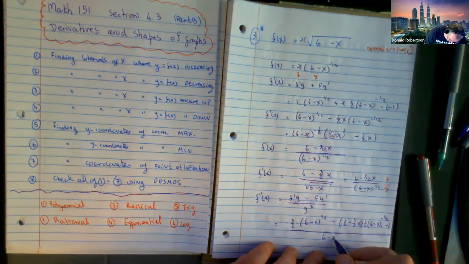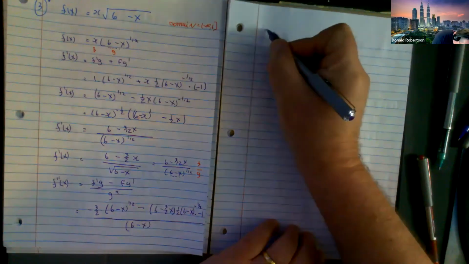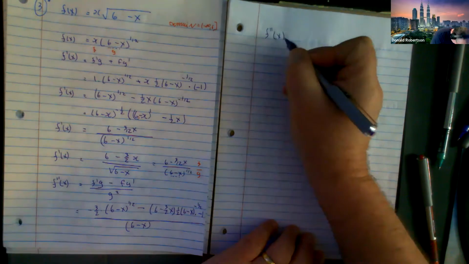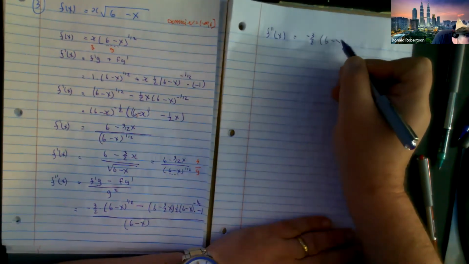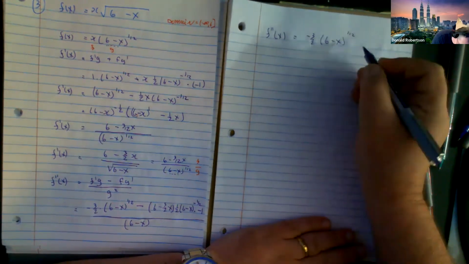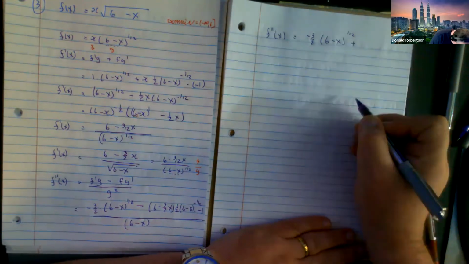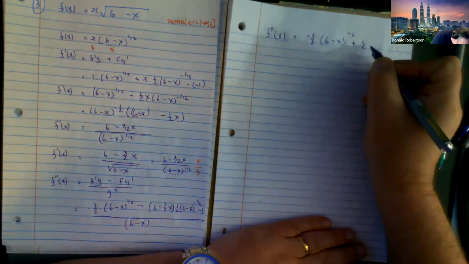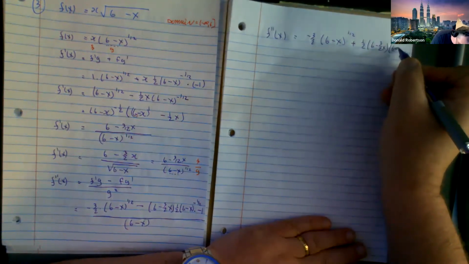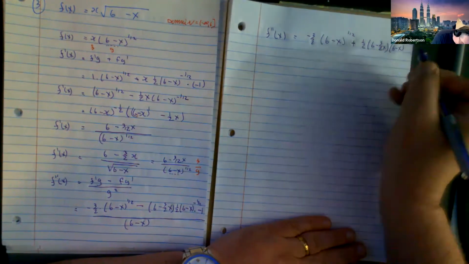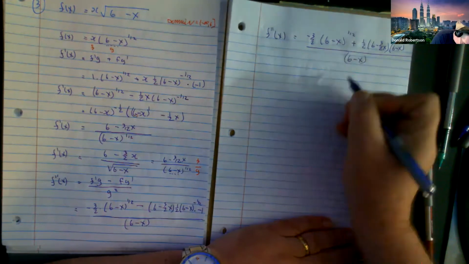Actually, that's not too bad, because if you square a half power, you get that. So my second derivative is -3/2 (6 minus x) to the half, take away, or two takeaways make it an add, 1/2 (6 take away 3/2 x)(6 minus x) to the -1/2, all over 6 minus x.